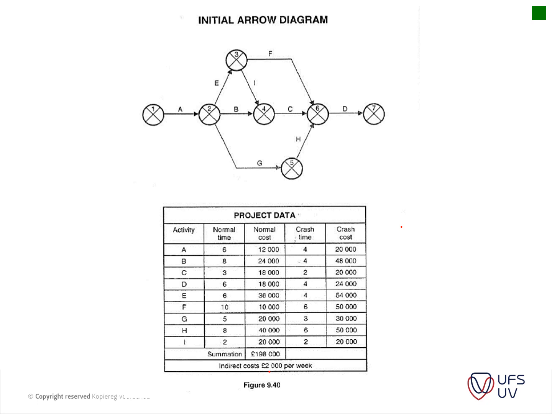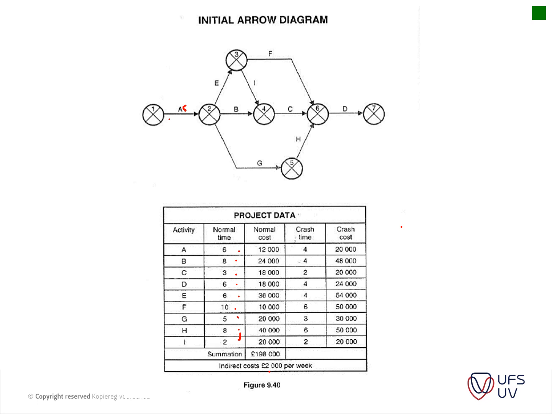Okay, so basically what they did is they plotted the normal times to see what the actual normal time of this project is, because you can't just add all of your days together, because they have different sequences. Like A takes 6, so they just added 6 here.